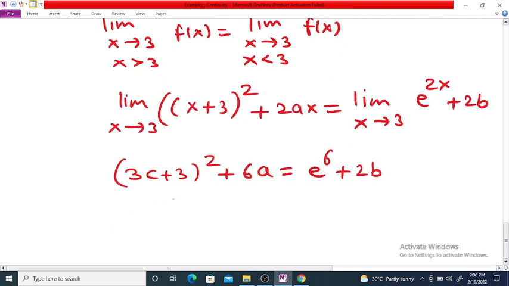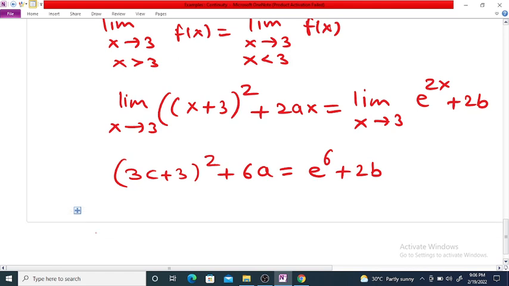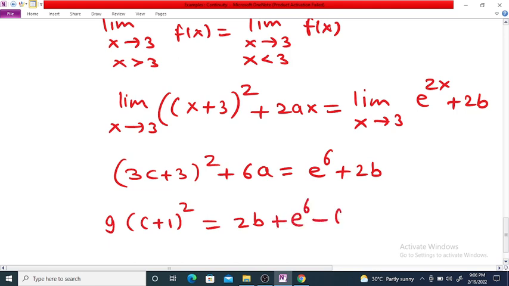Now if we take 3 outside, this is 9 times c square plus twice c plus 1, or there is no need to simplify this. So here say 9 times c plus 1 bracket square is equal to twice b plus e raised to 6 minus 6a.